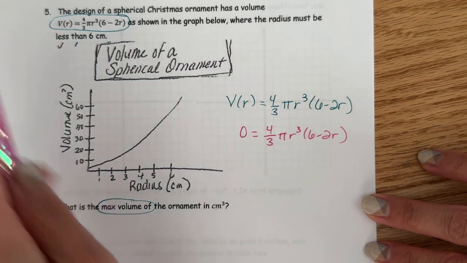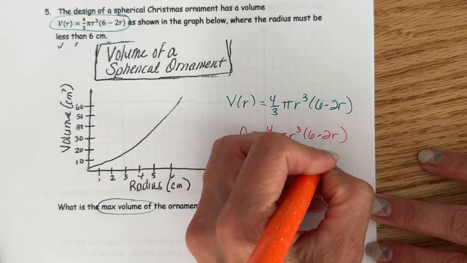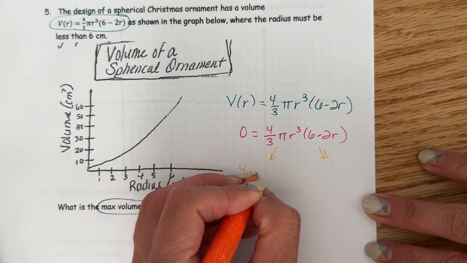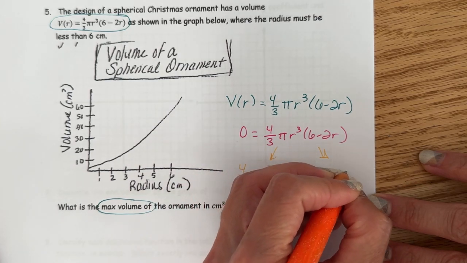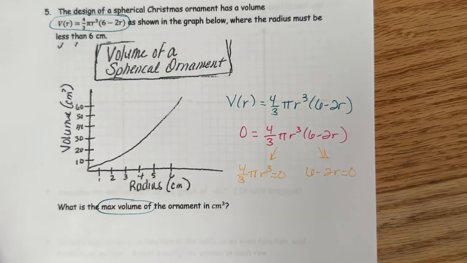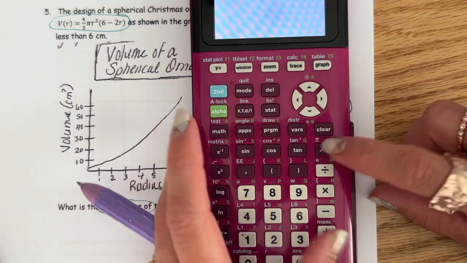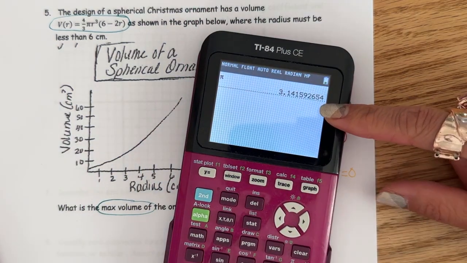So I'm going to break apart these factors and set them each equal to 0, and we're going to solve each one. Pi is just a number, just a decimal.